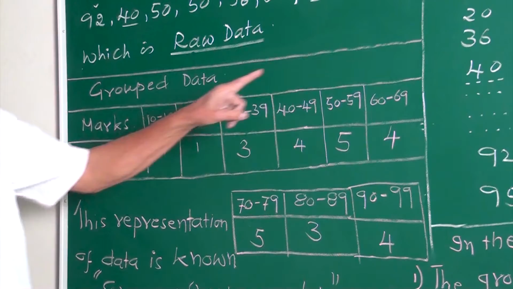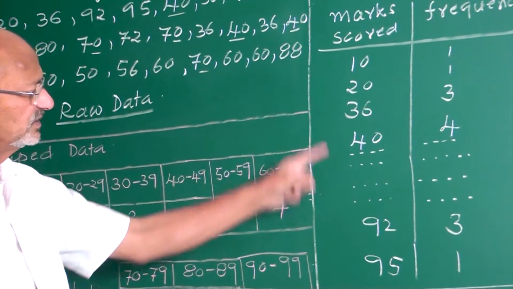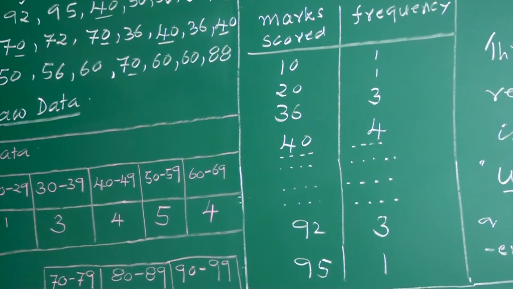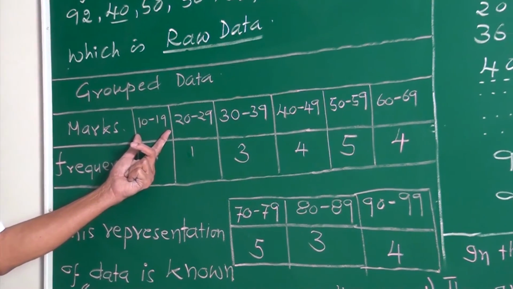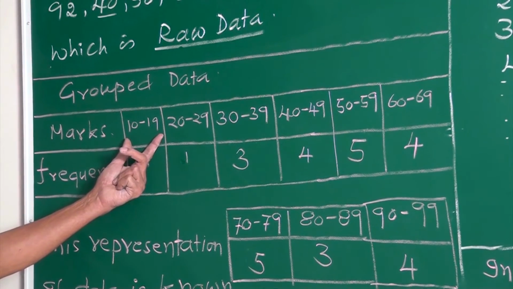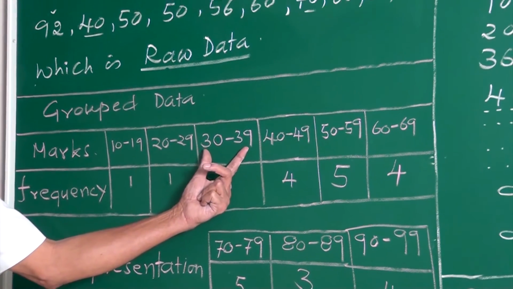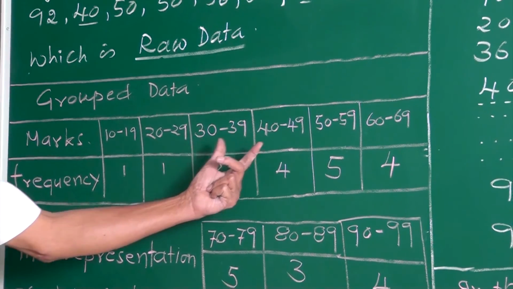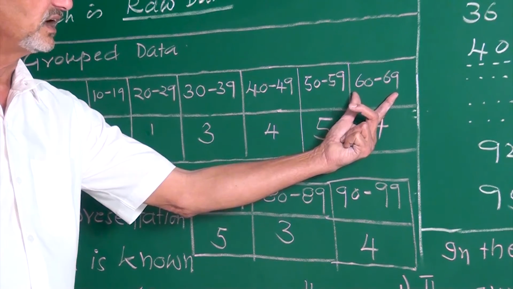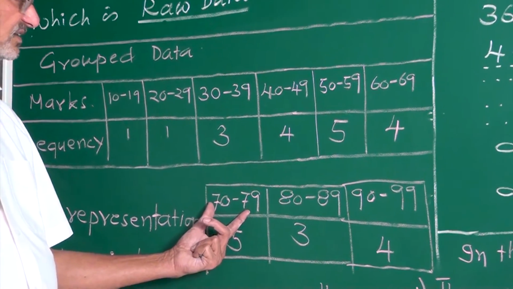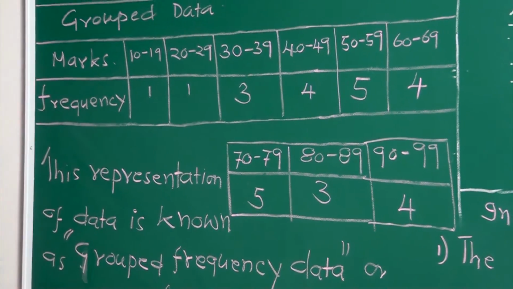In this case, instead of writing individual marks like 10, 20, we group them. Marks are grouped between 10 and 19, 20 and 29, 30 and 39, 40 and 49, 50 and 59, 60 and 69, 70 and 79, 80 and 89, 90 and 99.